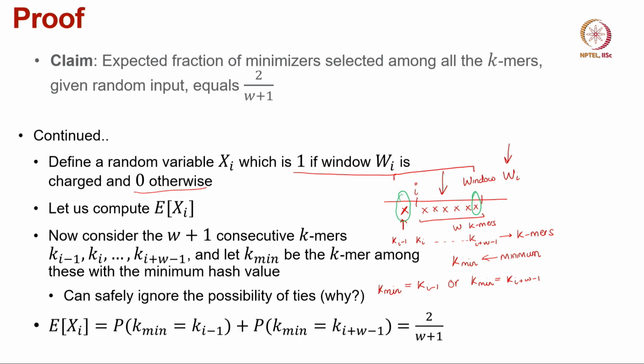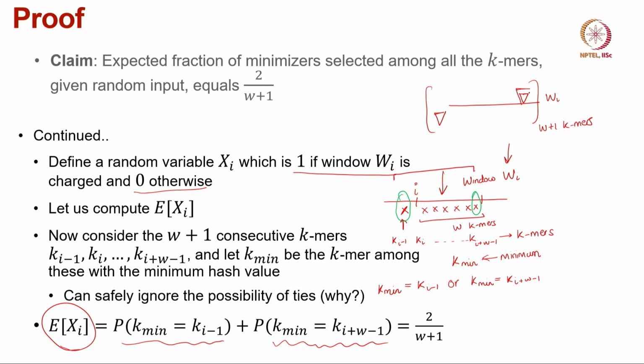So, when we are computing the expected value of xi, we only have to consider two scenarios, that is k min equals ki minus 1 or k min equals ki plus w minus 1. So, to reiterate, the window Wi will be charged only when the last k-mer is the minimum value or the k-mer just before the window is the minimum value among these w plus 1 k-mers.